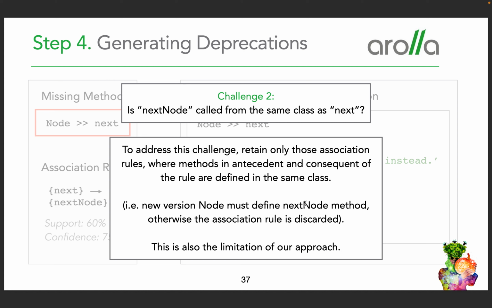So it's very hard for us to deal with this challenge, and in fact it remains a limitation of our approach. What we do is simply restrict our approach to only use those association rules whose antecedent and consequent are both defined in the same class in the new version of the library. So if in the new version node does not define a next node method, then we discard this association rule and we don't recommend it to library developers.